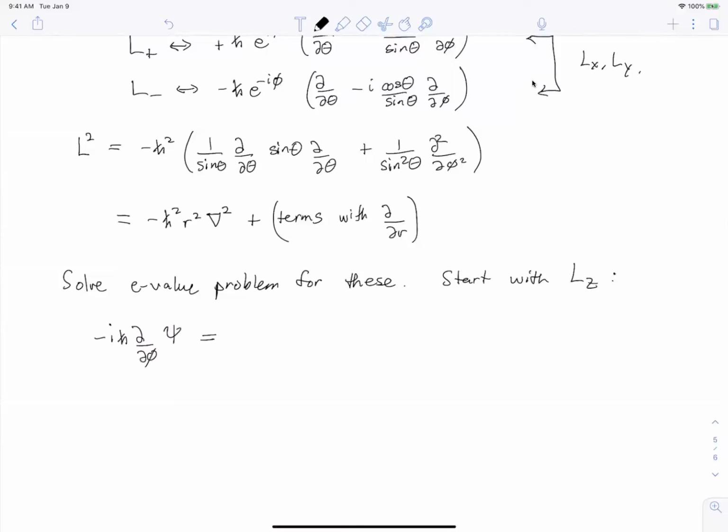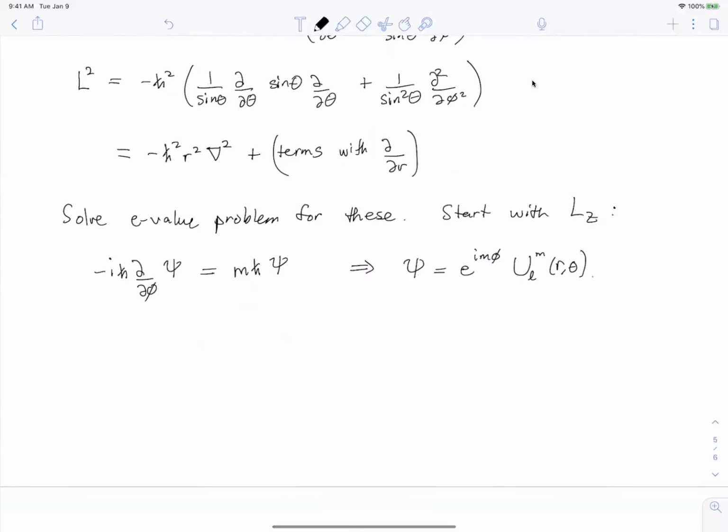We're aided by the fact that we already know from our general discussion what the eigenvalues are, namely m h bar times psi. That's an easy equation to solve. It says that psi has to equal e to the i m phi times a quantity I'm going to call u, which can depend on r and theta, but not on phi.